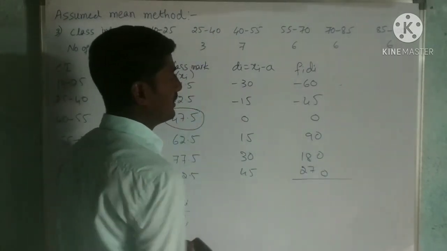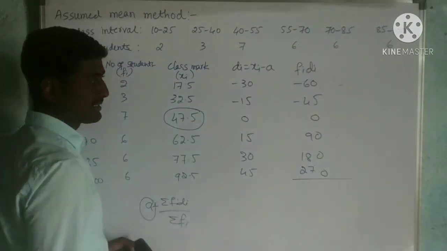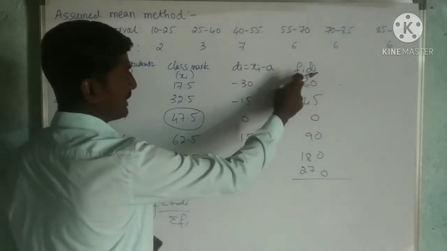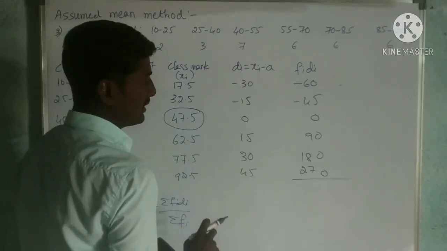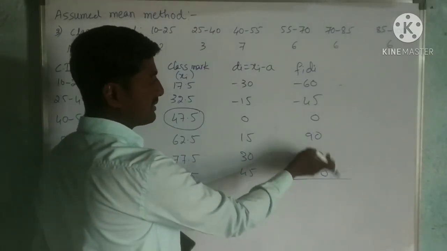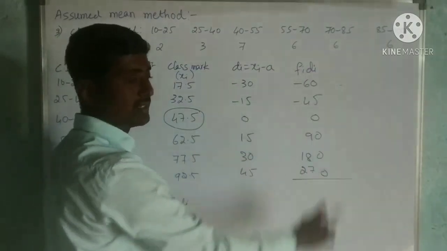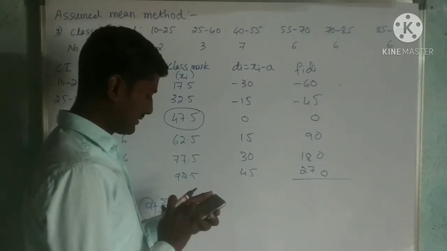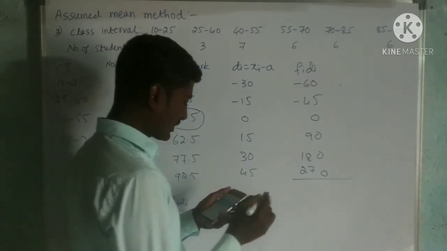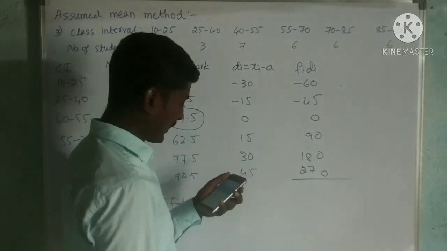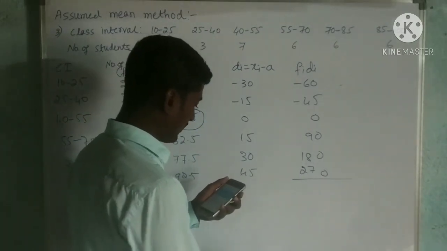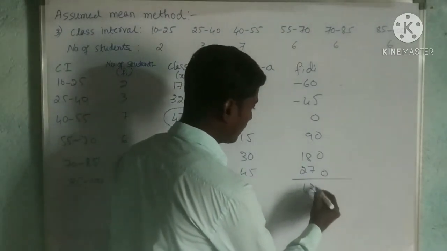Now I want the sum of all these. Here the minus sign is there, so first add all the positive terms and subtract these. At the end you will get 0 plus 90 plus 180 plus 270, that is 540, minus 60 minus 45, which is 435.